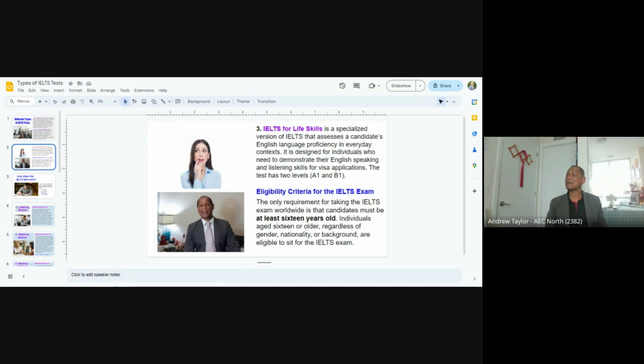Now I'm not very sure, but I think this number three is not really required for you. I think the second one, the General IELTS, is the one that is required of you.